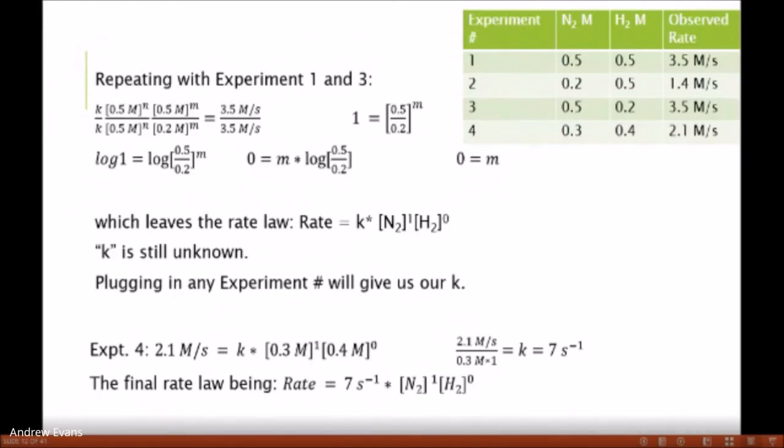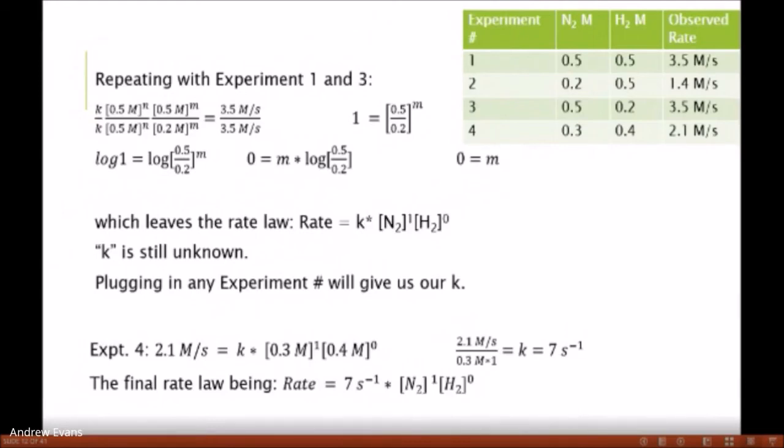Now, a rule of exponents is any number raised to the power of 0 is 1, and the fact of log base 10 of 1 is 0. So how do you get 2.5 to equal 1? Only when m is 0.